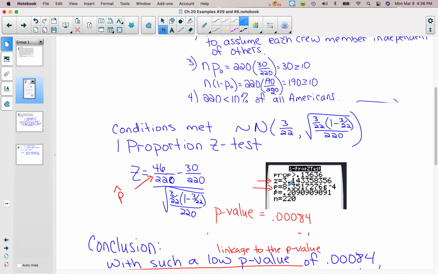This is a p-value. This is not the population proportion or anything. They also give you the p-hat value. And they give you this value right here, which is our hypothesized value. So you just have to keep in mind what all those things are. I know that can be confusing, but we'll do lots of examples and you'll get used to it. So hopefully that helps a little bit with a significance test.